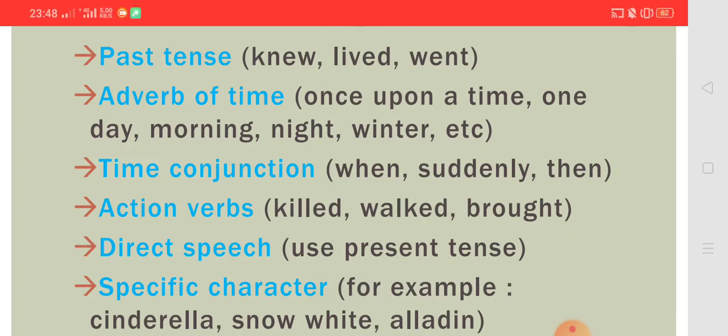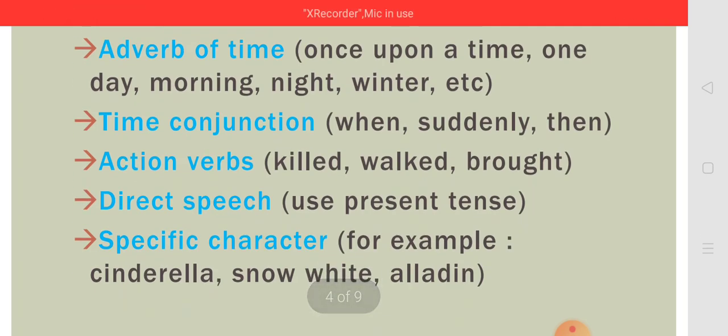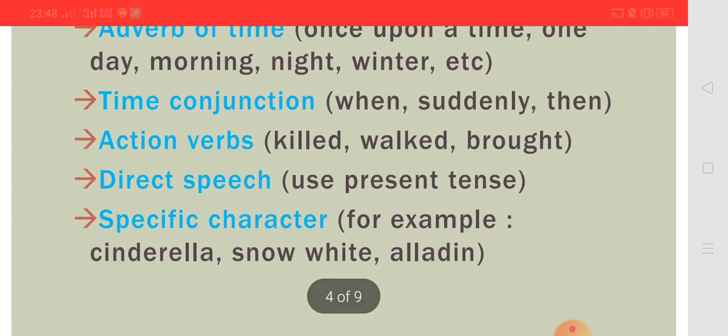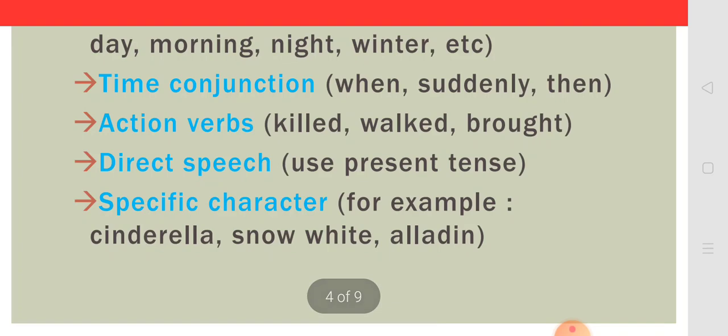Past tense, adverb of times means keterangan waktu, and then time conjunctions, and also action verbs like something that the characters did in the story, and then direct speech usually uses present tense. Some sentences or words that are usually said by the characters of the story use direct speech. Ungkapan langsung atau kalimat langsung.